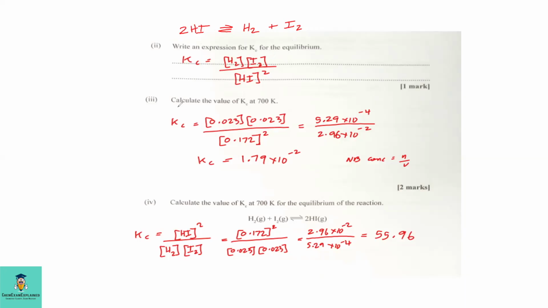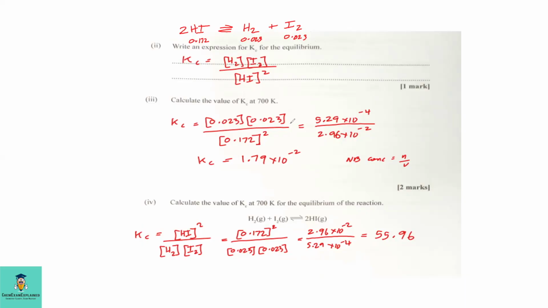Part 3, calculate the value of Kc at 700 Kelvin. You would recall that we calculated the value for H2 at equilibrium to be 0.023 moles per dm³, and the same thing for I2. And the value for HI was calculated to be 0.172 moles per dm³.